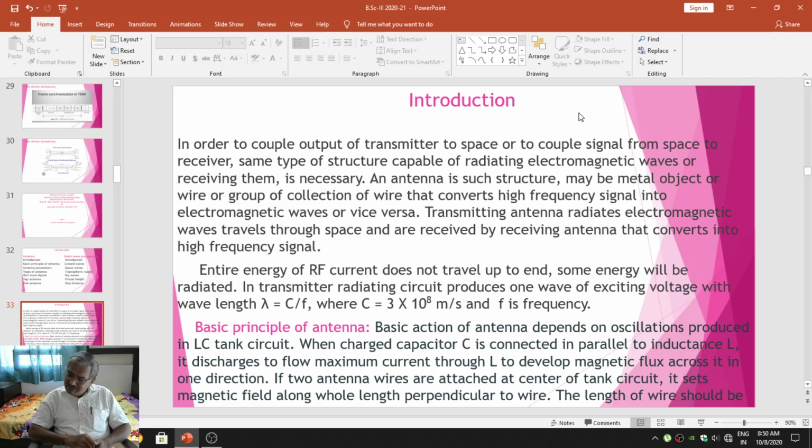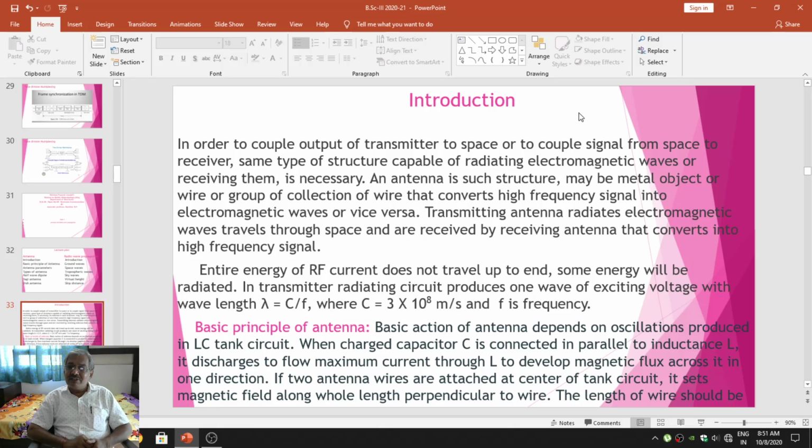That wave travels with the velocity of light radiation, because the RF signal is converted into electromagnetic radiations, and the properties of electromagnetic radiations are the same as the properties of light radiations.